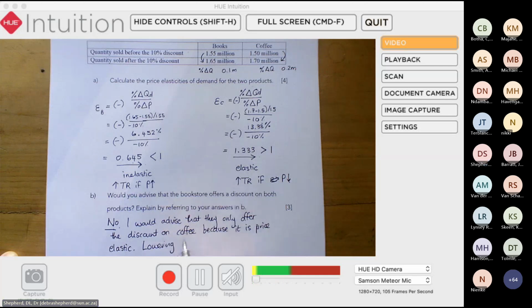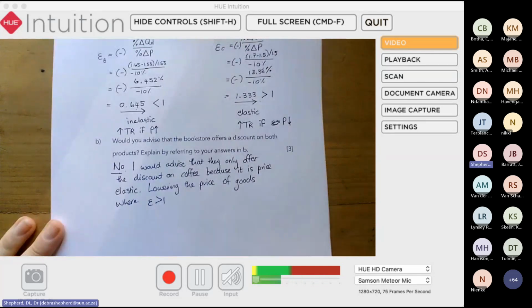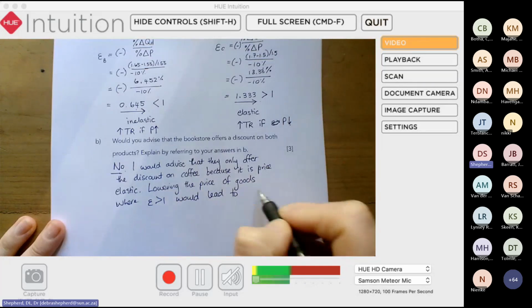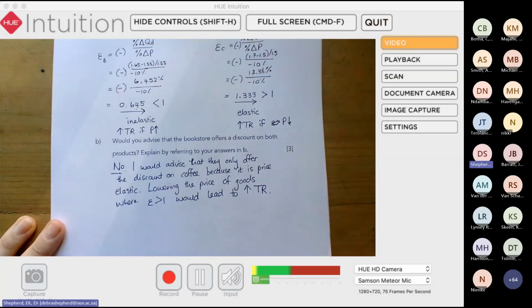Lowering the price of goods where E is greater than 1 would lead to greater total revenue. Actually, let me put it the other way, decreasing the price of books, so applying the discount to books, would reduce total revenue.